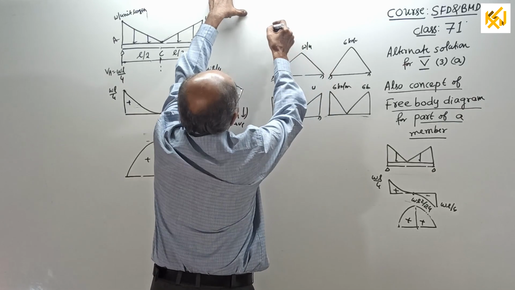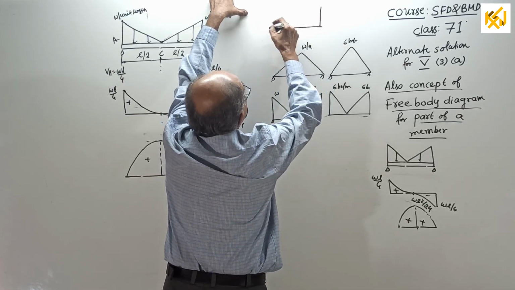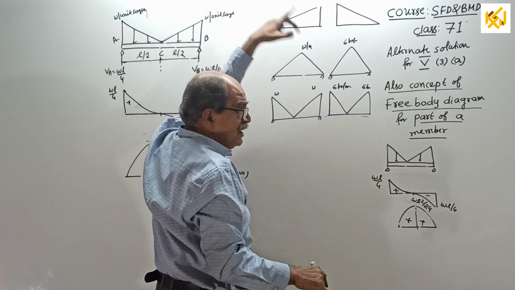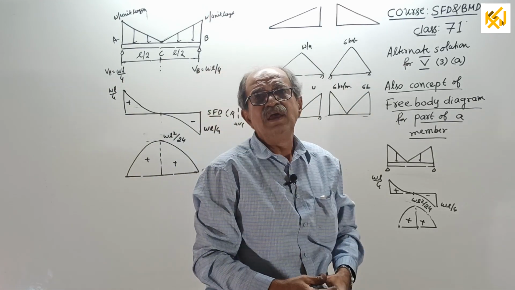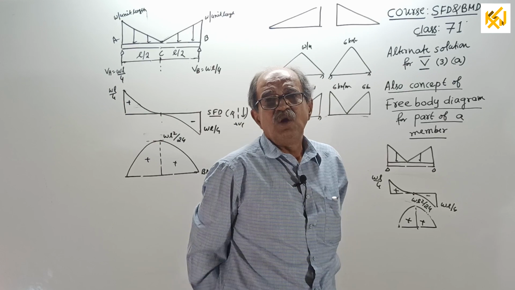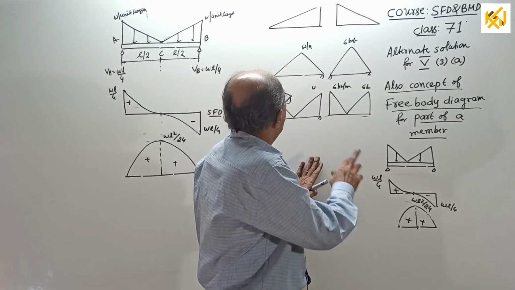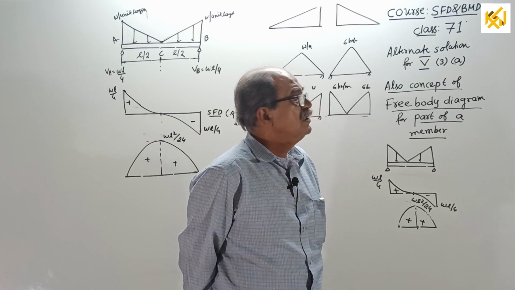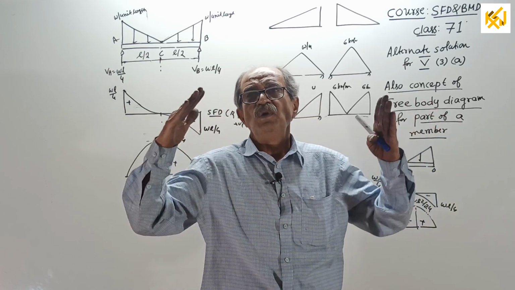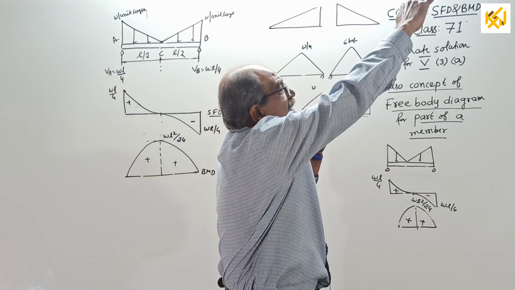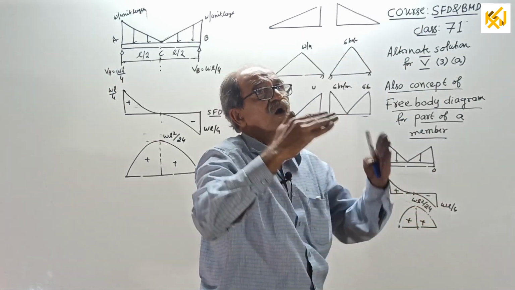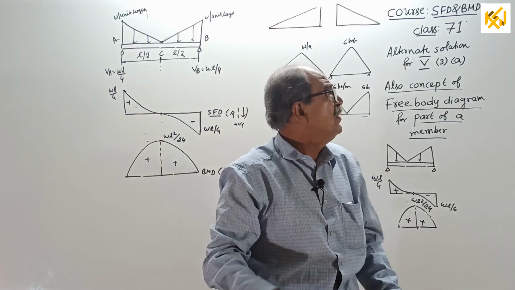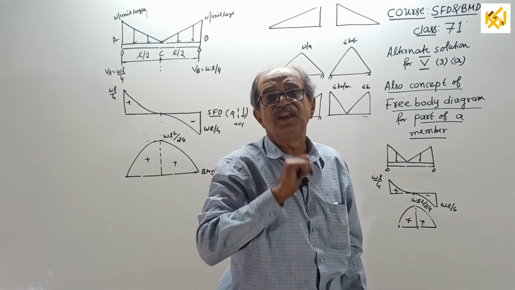Before that, a recap. Once again, no problem. The class may run a little longer, maybe around 1 hour, so that I can tell you the shortcut solution for a simply supported beam, whether the uniformly varying load is this way or this way, book work and numerical, everything in one single class.